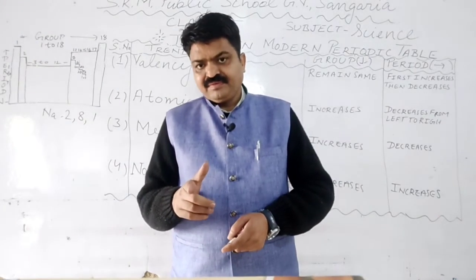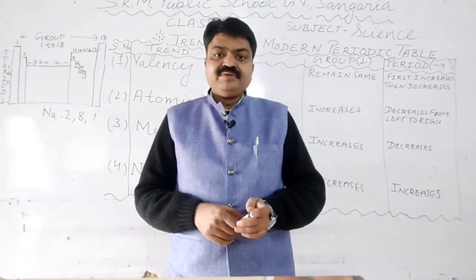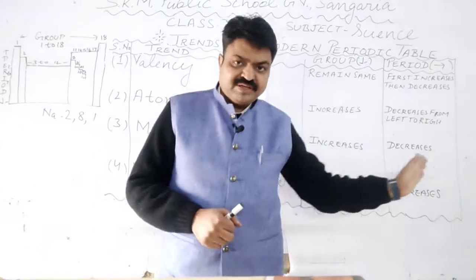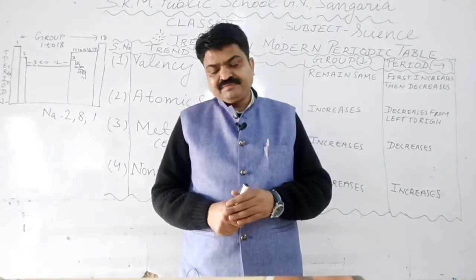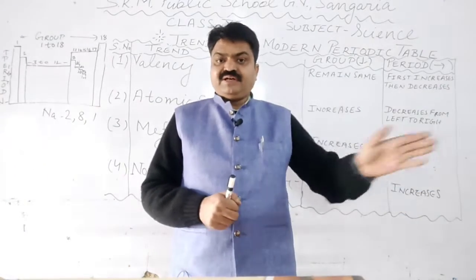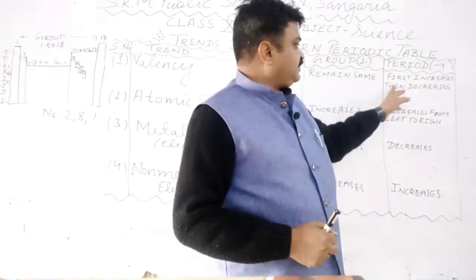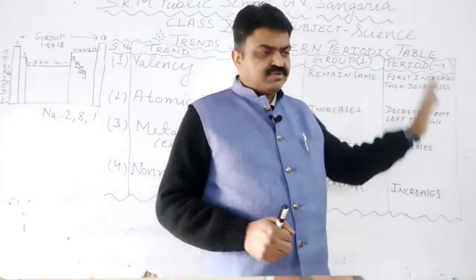When it comes to the 18th group, means if we observe them according to the period, then it becomes zero when it comes at the last in the 18th group. So valency first increases, then decreases, student.